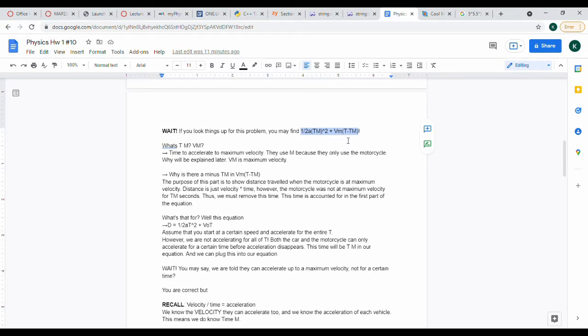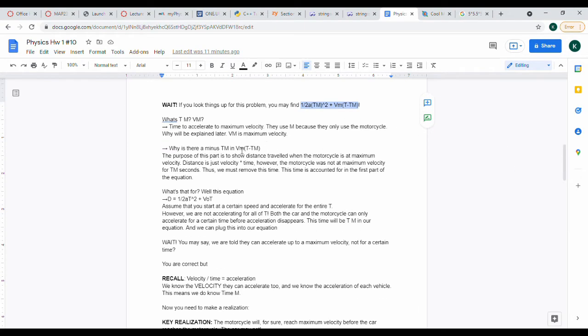For our problem, we actually will only need to know this for the motorcycle. You'll see why later. Okay, so why for the V of m and t, is there a minus T of m? Well, this, as you know, is a distance equation. So the V of m is the distance traveled when you're going at maximum velocity. But we're not going at maximum velocity the entire time.